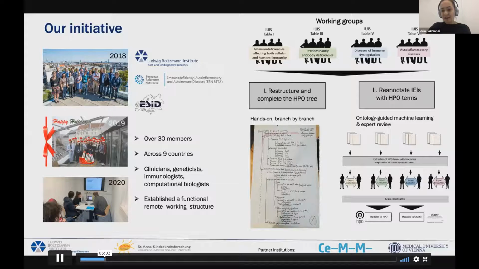So very briefly, the basis of this approach was an expert-curated list of publications on which we have used a text miner to extract phenotype terms and translate them to HPO terms that were sent to a group of clinicians to review, and multiple experts reviewed a disease. So it was a double review process.